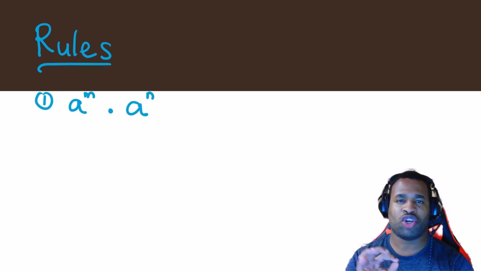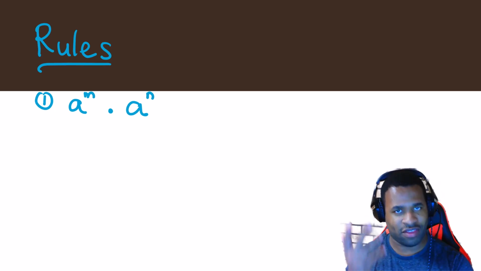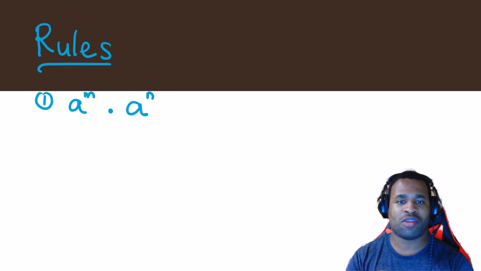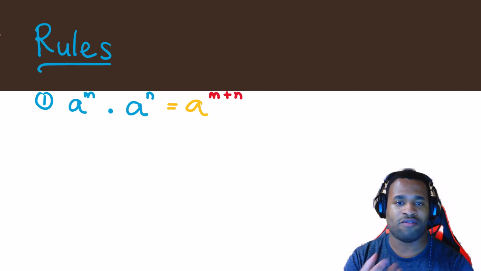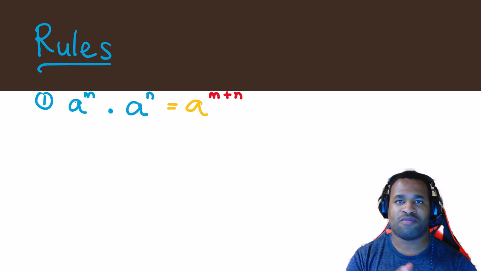Please make sure that you know that the a's are the same letters, or in this case numbers. When you're multiplying the same base, what we do is keep the base and add the exponents together. What that results in is a simplified version, which means that you are going from a broader expression to a simplified expression, and this can be solved later to get your final answer.